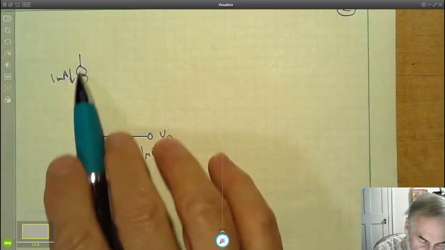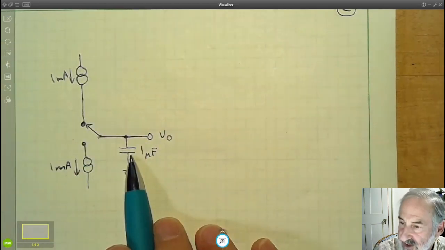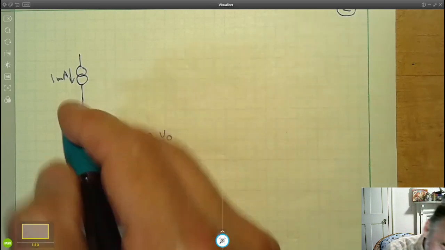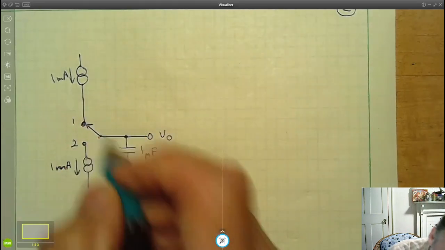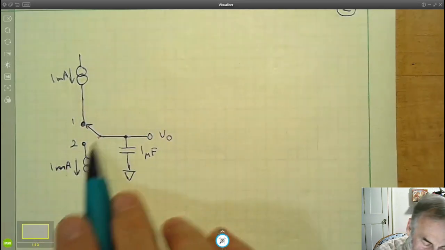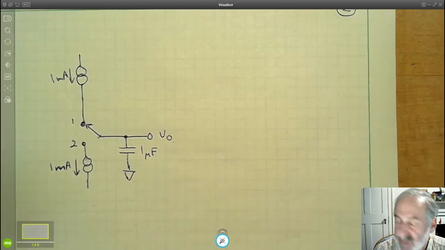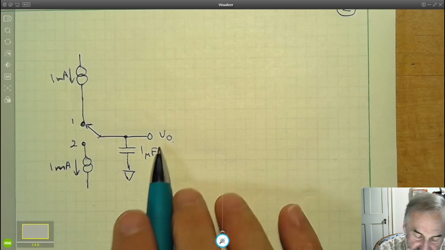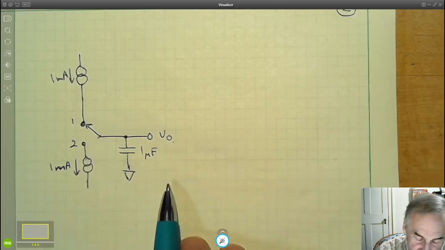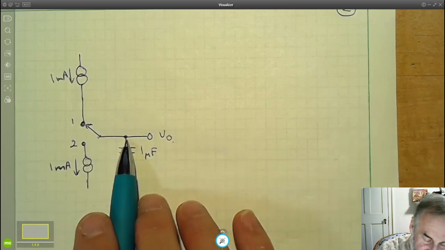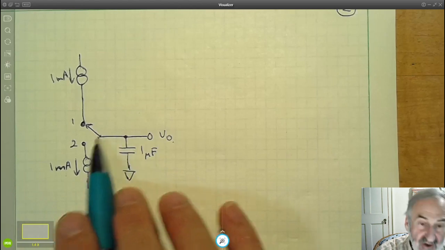So I can either have current flowing into this capacitor, 1 milliamp, or if I move the switch from position 1 to position 2, I can have 1 milliamp flowing out of the capacitor. V out, we're measuring with a perfect multimeter, so no current flows out of V out. So any current that flows in this circuit has to flow either into the capacitor or out of the capacitor.